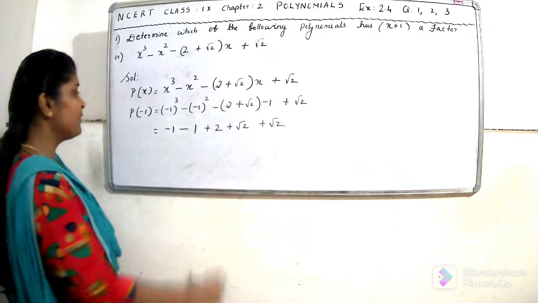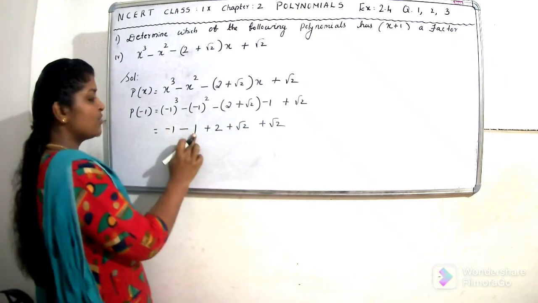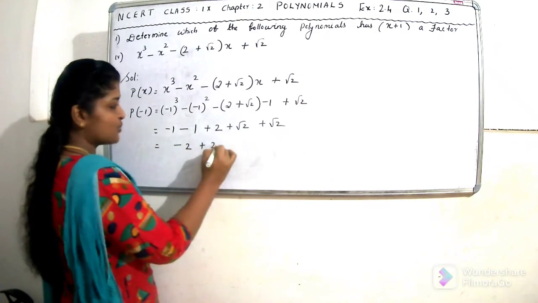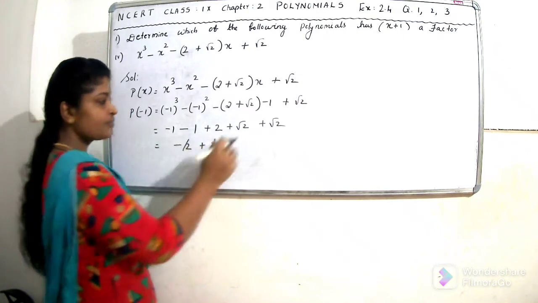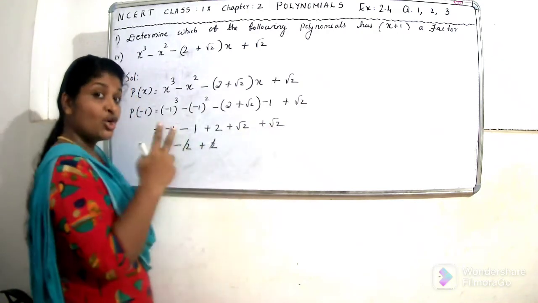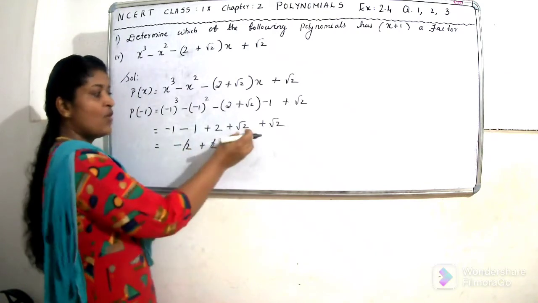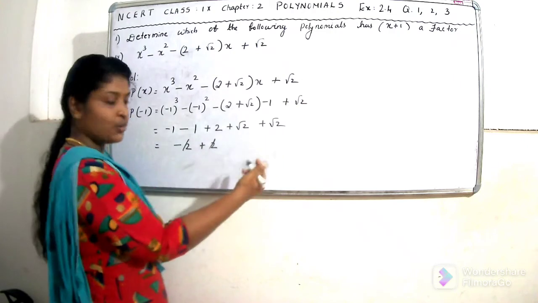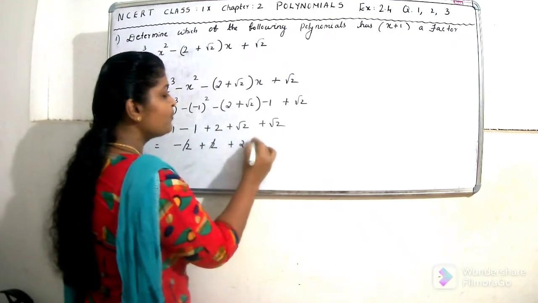After that we simplify. Negative 1 and negative 1, that is negative 2. This is plus 2, so these two will cancel. Then here what is the balance? 2 times root 2 came, so 1x plus another x, 2 times x, so here 2 times root 2. So what is the answer? 2 times root 2.